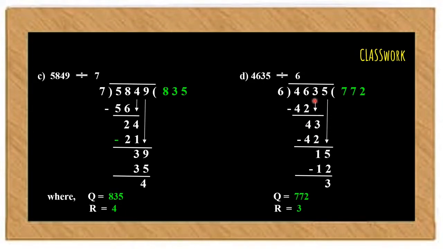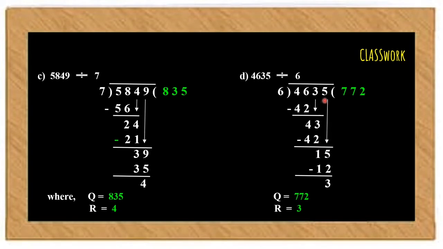We bring down the third digit of the dividend to obtain the new dividend, which is 43. Again, when we divide this by 6, we know 6 multiplied by 7 will be 42. On subtracting them, we get 1 as the remainder.